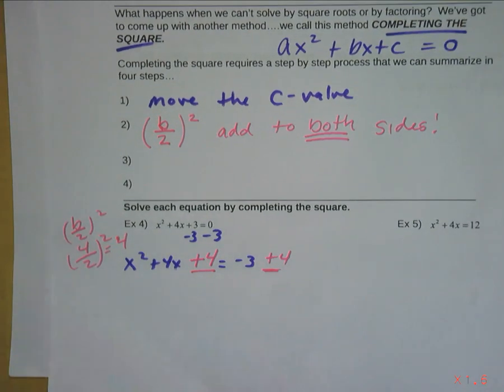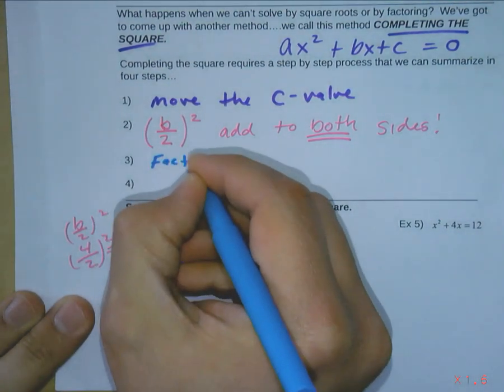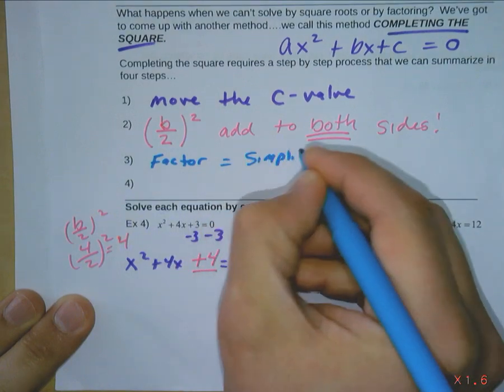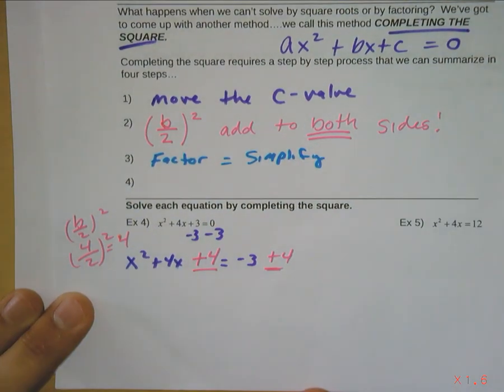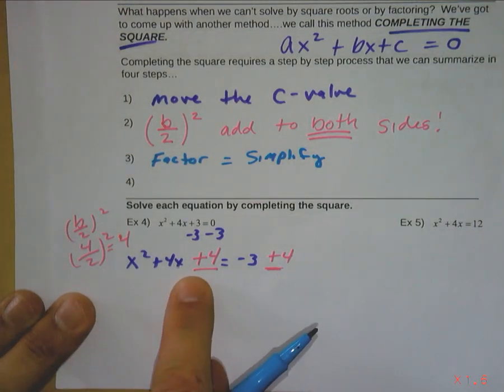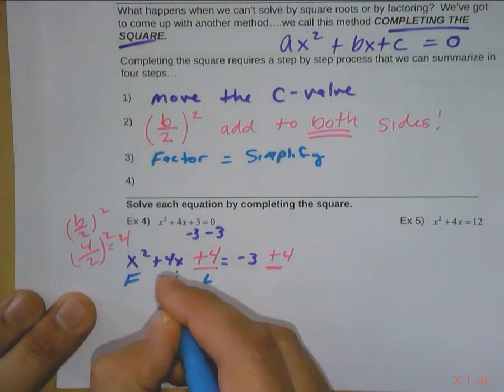All right, so now, let me use a different color. Step number 3, we are going to factor on one side, and we're going to simplify on the other. So let's go ahead and factor this guy. Okay, so we need factors of f and l that add up to our OI term.